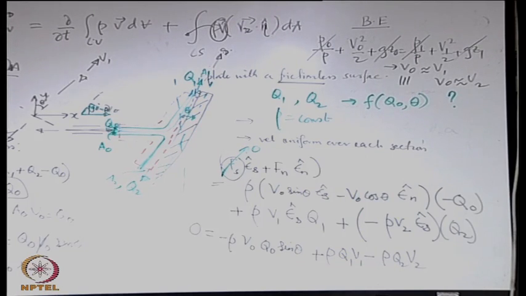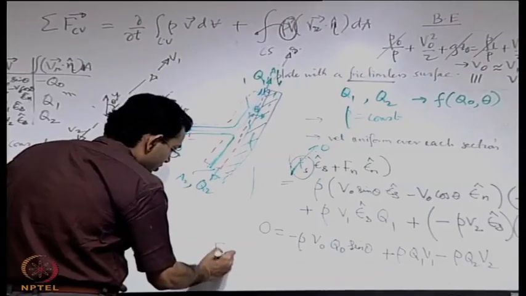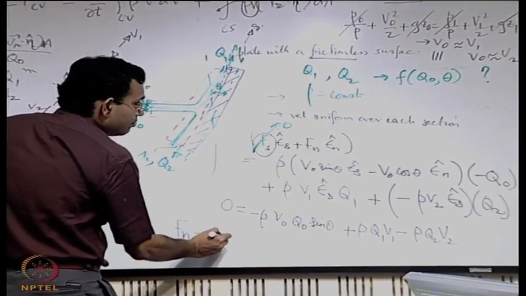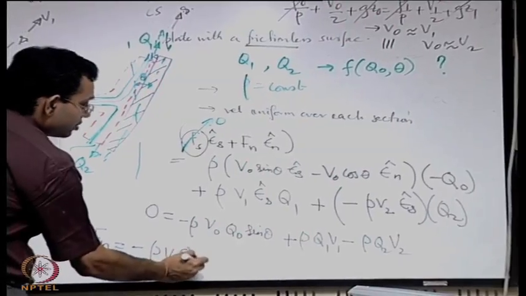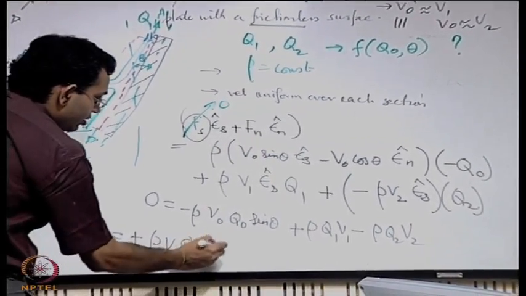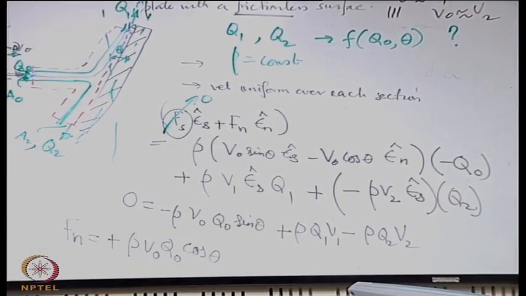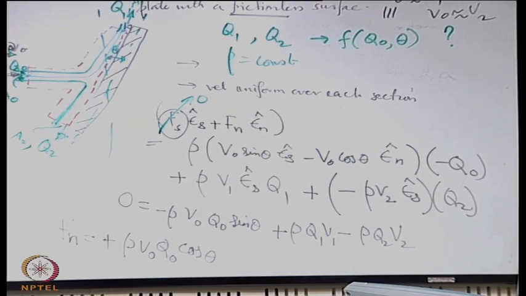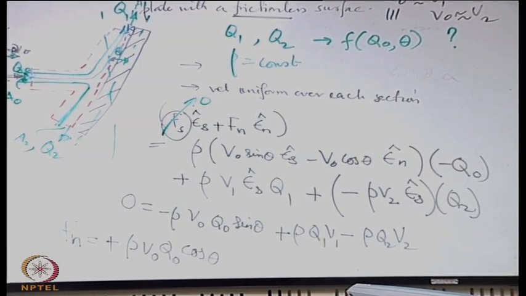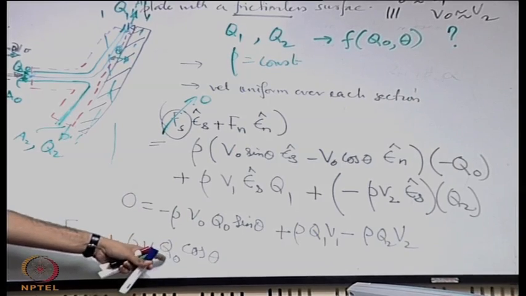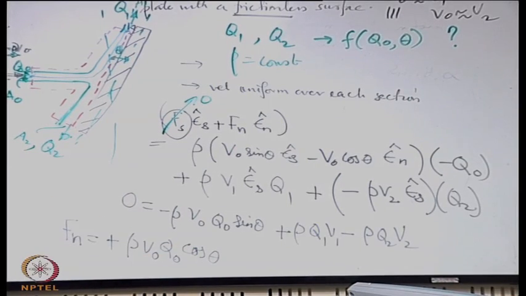This we have to keep in mind. Let us write it. So Fn is plus rho V0 Q0 cos theta. Q0 you can write in terms of A0 and V0, so it is rho A0 V0 square cos theta.